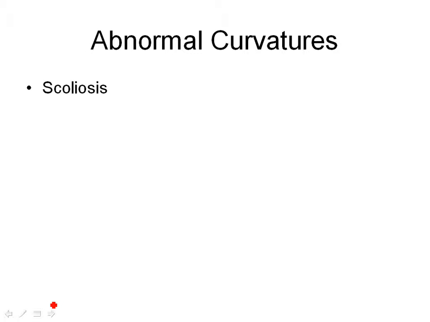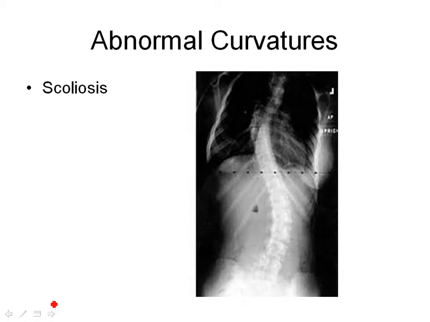Okay, so let's start with the abnormal curvatures. We want to begin with scoliosis. Let me see, can I get my picture up here? Scoliosis is a side-to-side curvature that you'll see in the spine. Yeah, there we go. We have this lateral curvature of the spine.